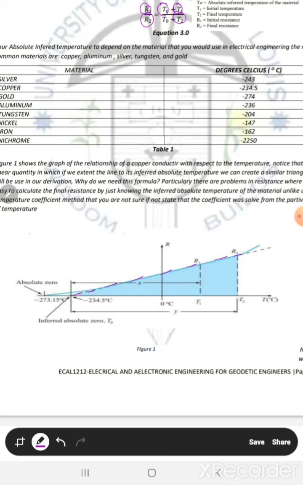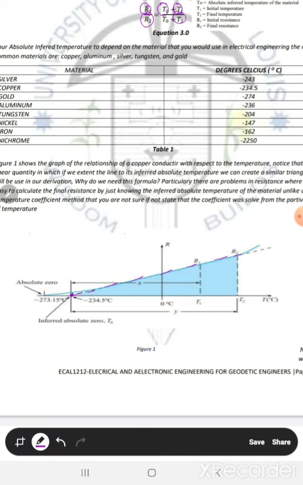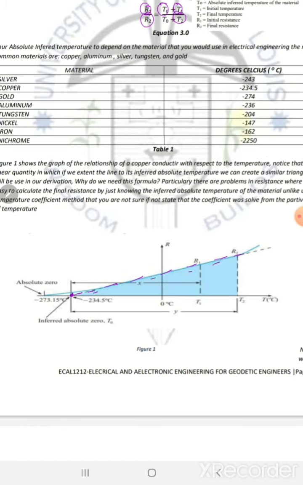Since you have R1 and R2, we will use similar triangles. We assume this point, where the straight line, our linear form, will be equal to 0.